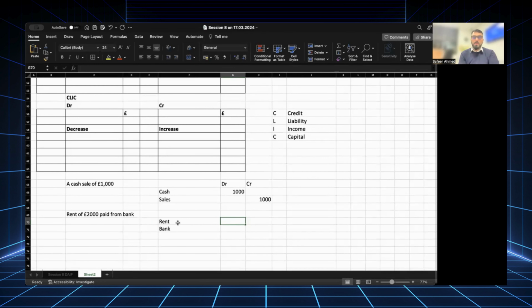Remember the double entry bookkeeping rules? Debit, expense, asset, and drawing. And if these increase, debit. So rent will be debit here. And bank will be credit because bank is an asset and a decrease in asset is credit, which is, remember, DEAD: if expense, asset, and drawing decrease, it goes on the credit side. So that's why £2,000 credit.